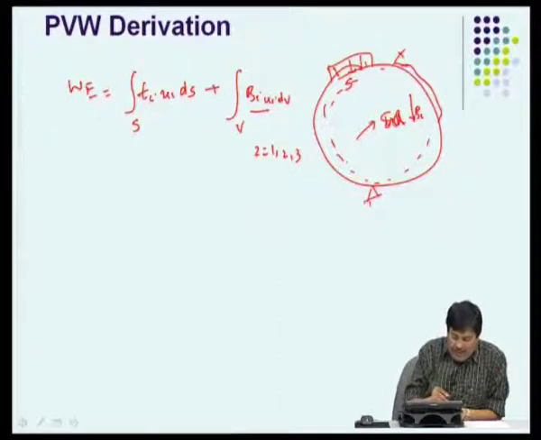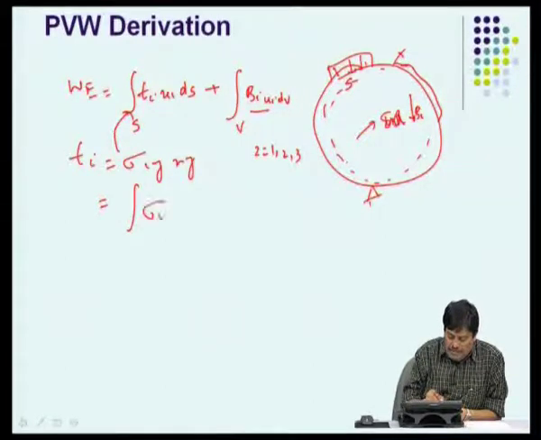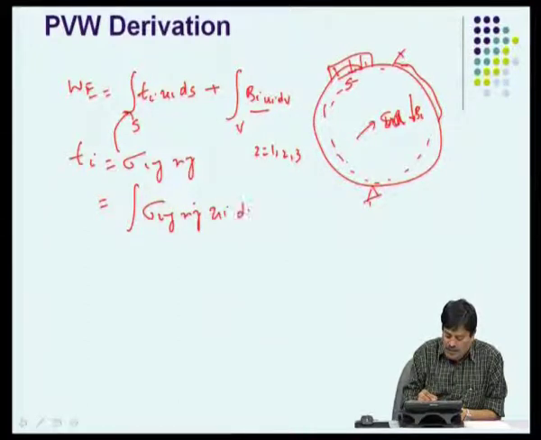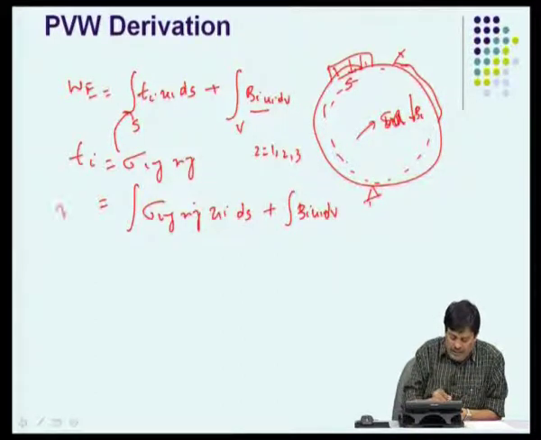We said that my Ti is related to stress sigma ij into Nj initially. We substitute this here and we get this is equal to the integral of sigma ij Nj into Ui into dS plus integral Bi into Ui dV. Now, this is We.